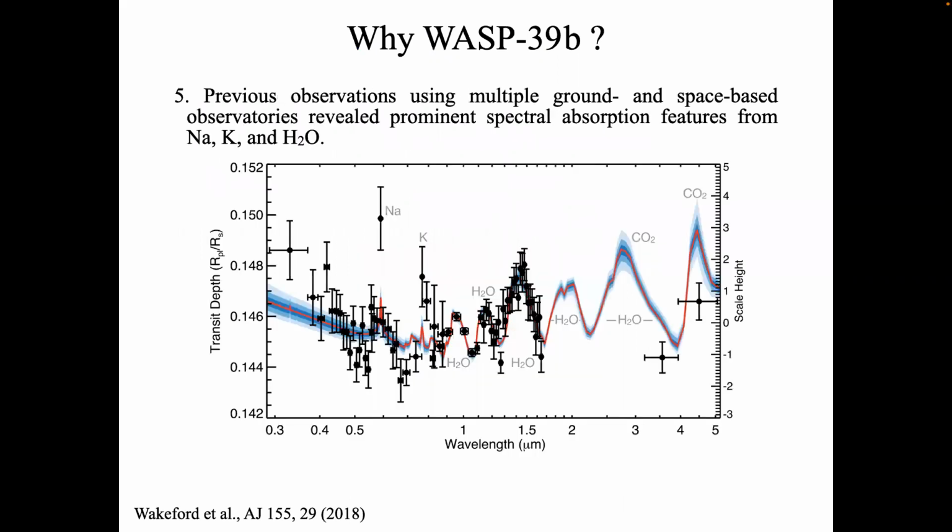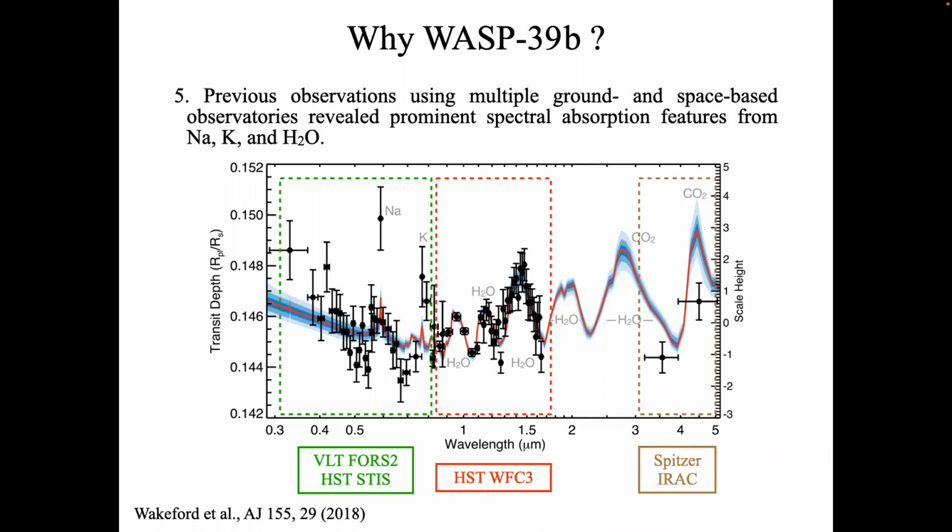And also because we already observed the transmission spectrum of this planet with Hubble Space Telescope and with Spitzer. So we already know that there is a signal, and so it's also good to compare all that data with the new James Webb Space Telescope data.